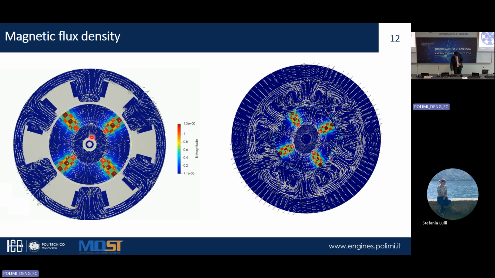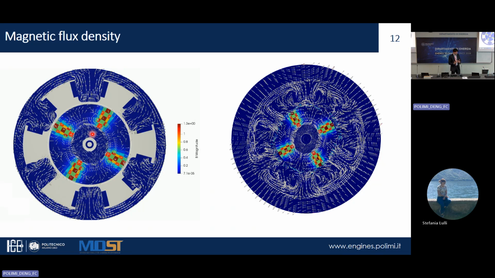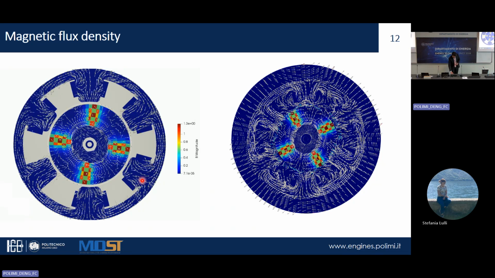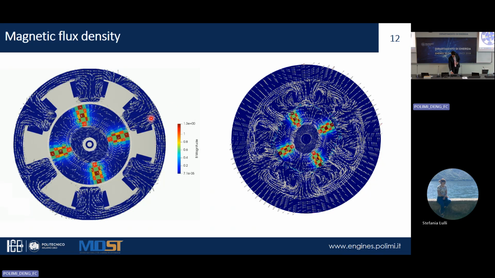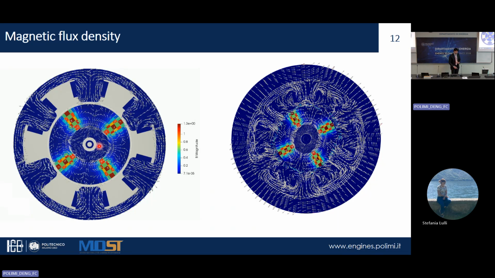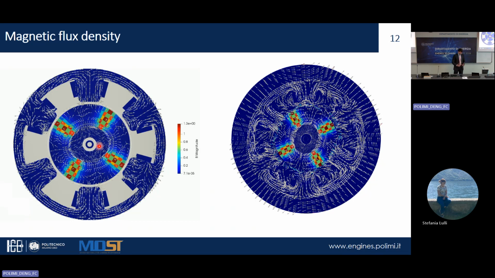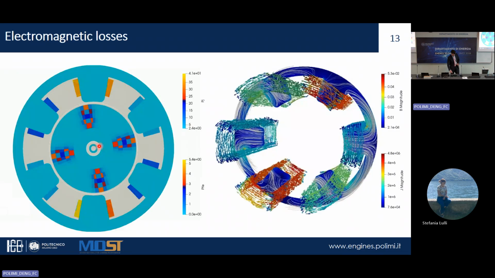You can see also the interaction between the magnetic fields, and then it is possible to see that the magnetic field changes when the permanent magnet faces a different winding section. You see here some pixelization, which is due to the fact that we have used a very coarse mesh in order to have results quickly that can show the magnetic flux density.